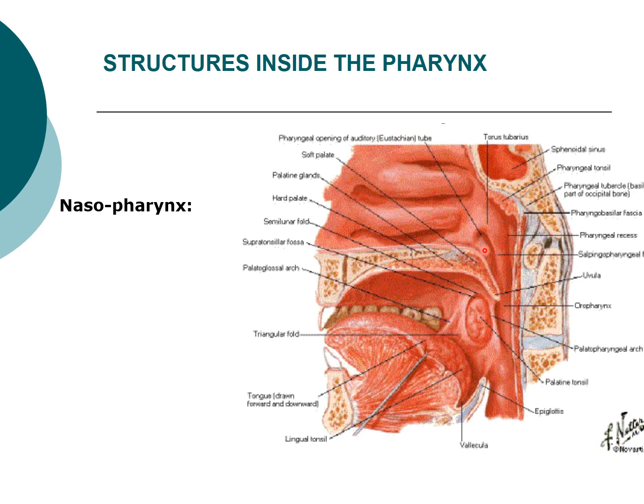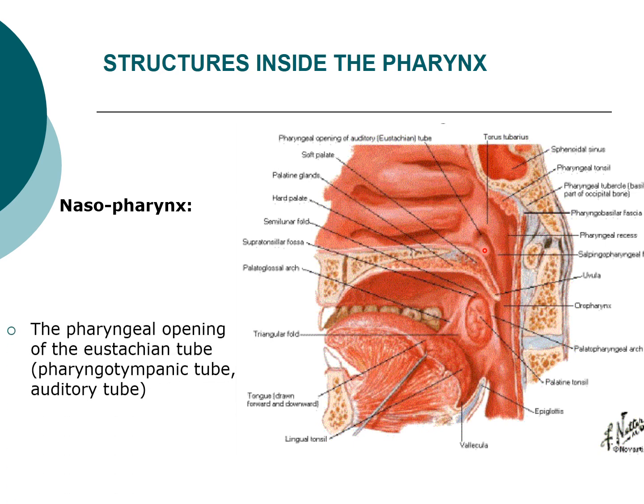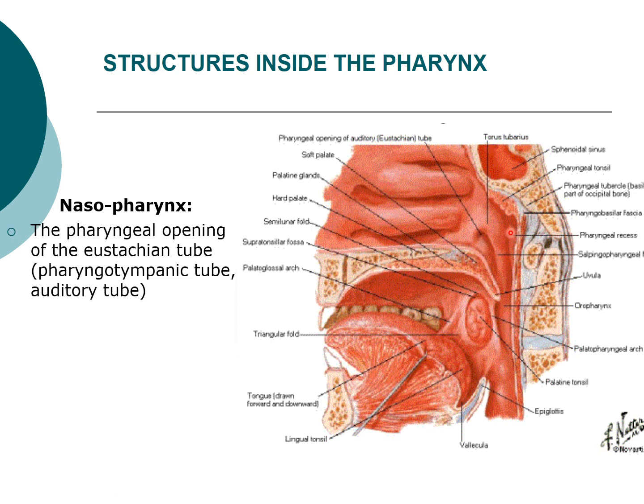The Eustachian tube is a tube opening here in the pharynx, and in the other end it opens into the middle ear, which is the tympanic cavity. So here we can see the pharyngeal opening of the Eustachian tube. The Eustachian tube has two other names: pharyngotympanic tube and auditory tube.